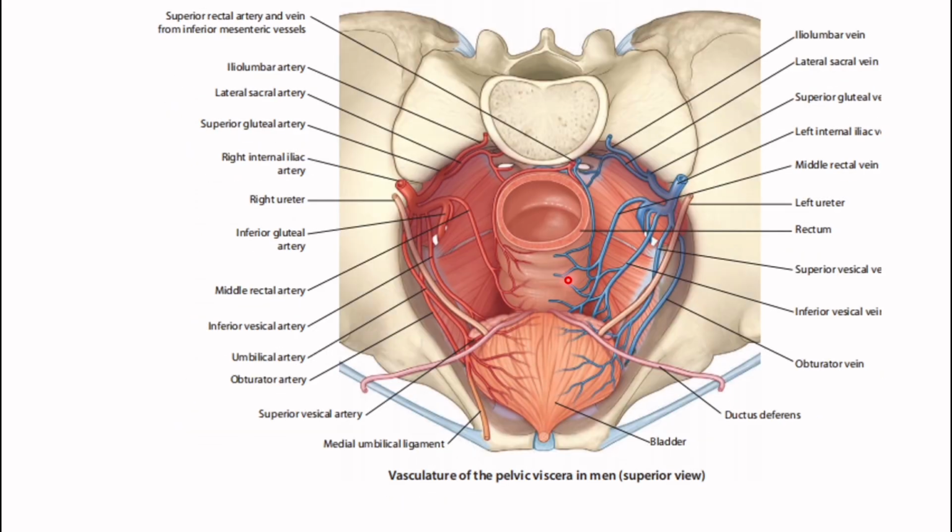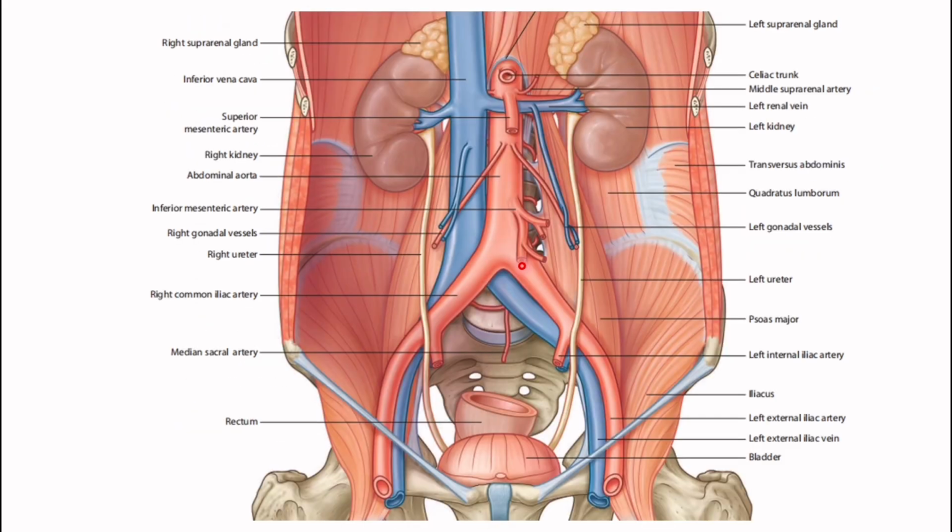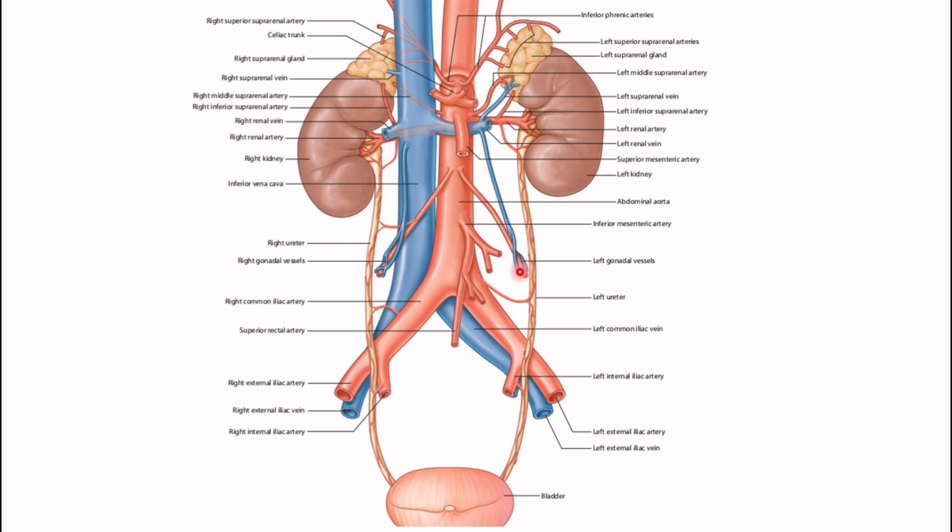Okay, then now the blood supply of these ureters, it receives blood supply from three portions. Okay, we have a portion which is near to the kidney, or the proximal portion. It receives blood supply from the renal artery. This is the upper portion.